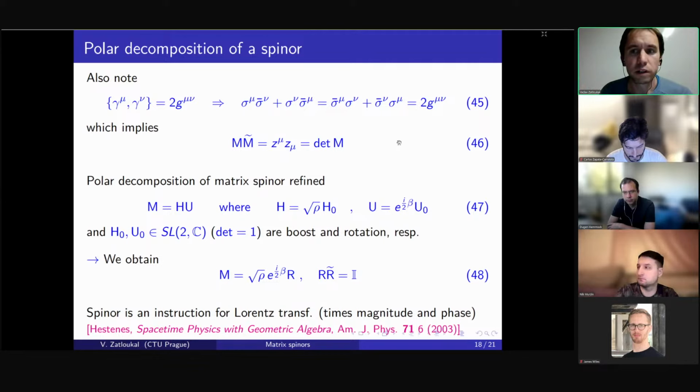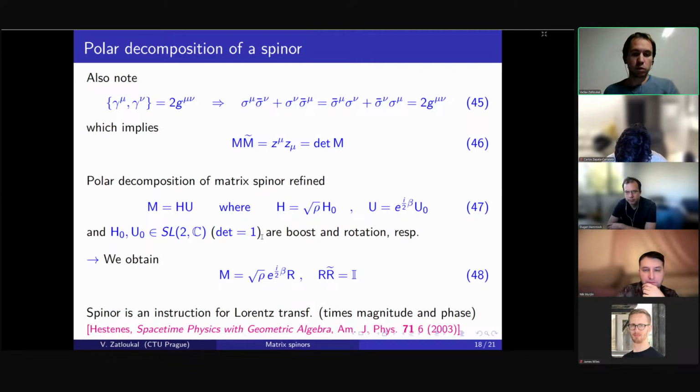If we take the polar decomposition that we discussed earlier, so the generic matrix spinor, a generic 2x2 matrix, decomposed into a Hermitian times a unitary matrix, we refine it a little bit so that we take the determinants of this Hermitian and unitary matrix out, and have this H0 and U0, which are then of determinant 1. So they are basically the spin representation of boosts and rotations, respectively.